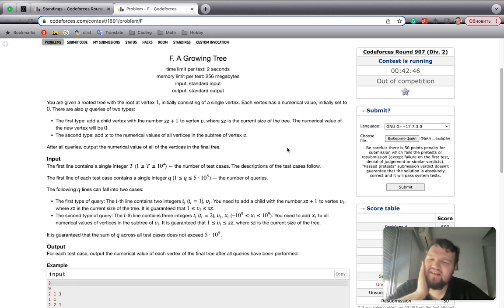Well, what is online? I just need to output in the end. Online in terms of I have to be able to answer the value at the vertex at any moment, but that's a different problem.